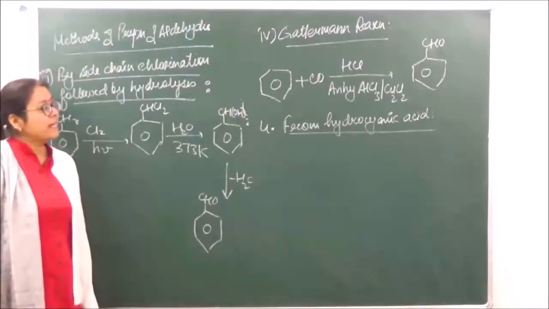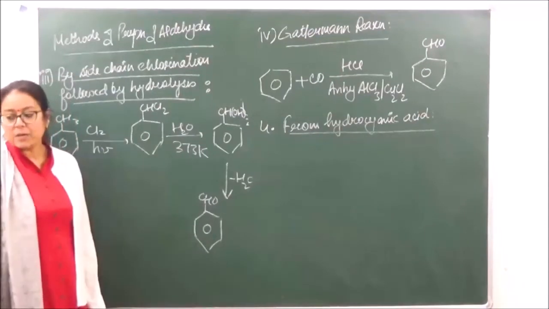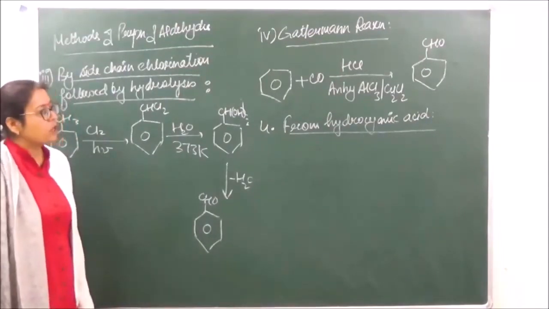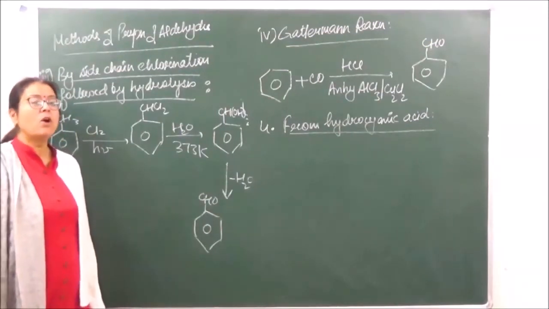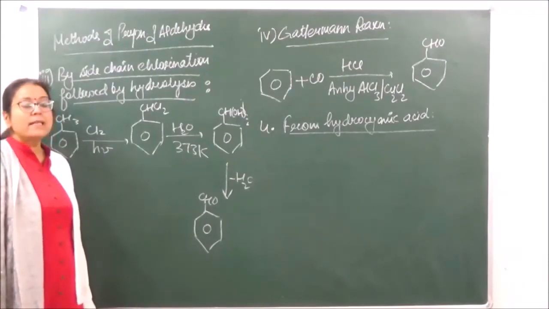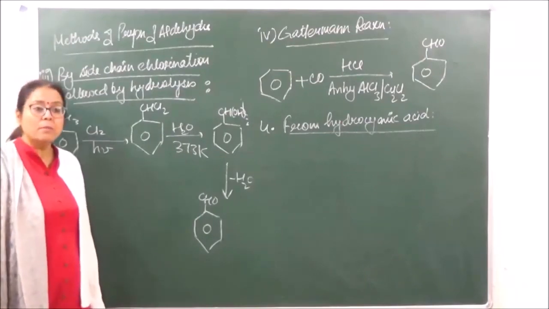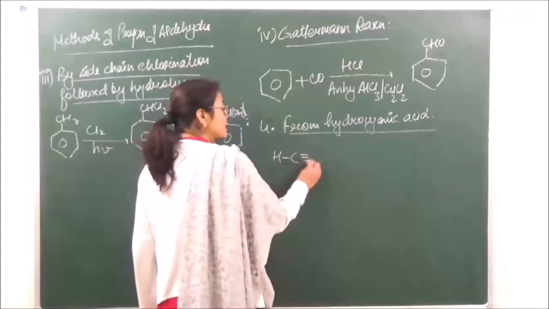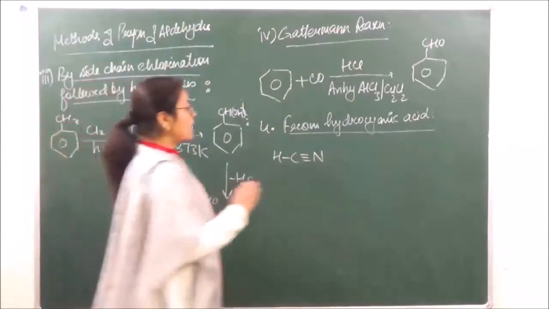Now, hydrocyanic acid is reacted with Grignard reagent, and remember that the number of carbon atoms present in the aldehyde will depend upon the number of carbon atoms present in the Grignard reagent. The reason is that hydrocyanic acid has only one carbon, because if you look at the structure of hydrocyanic acid, this is the structure. Okay, so this has only one carbon atom.